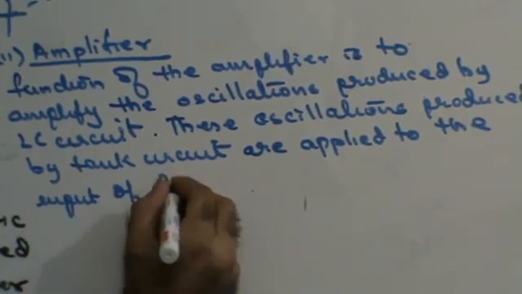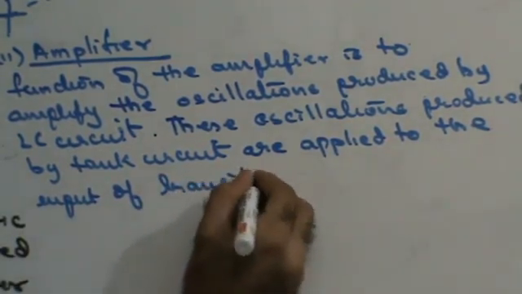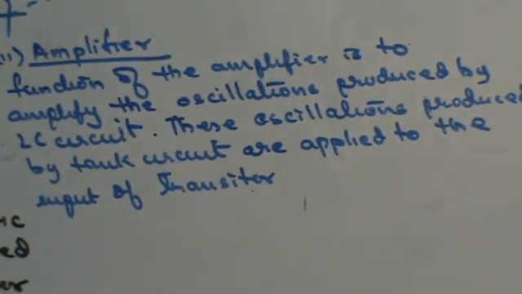Right? The transistor amplifier increases the amplitude of oscillation.